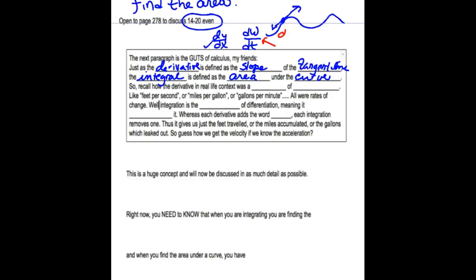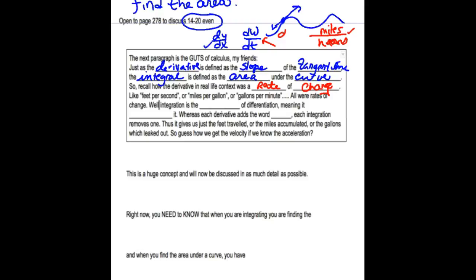That fraction bar really means per in the real world, like miles over hours. That's really a rate of change in miles per hour. So a derivative in real life context is a rate of change, like feet per second, miles per gallon, gallons per minute. They're all rates of change.